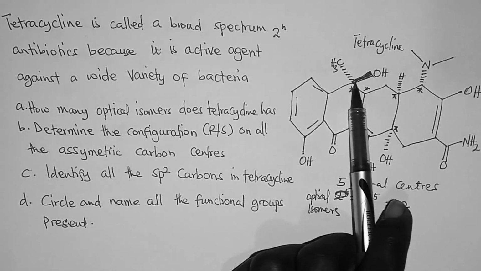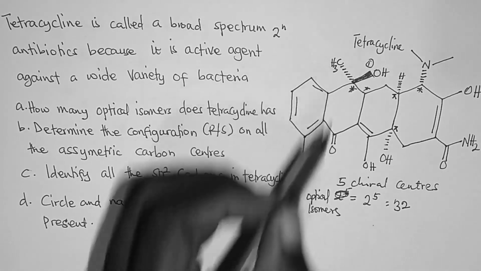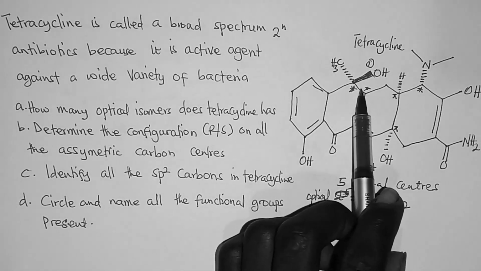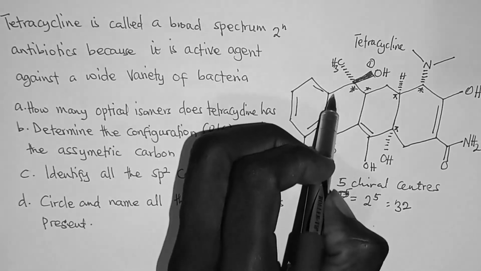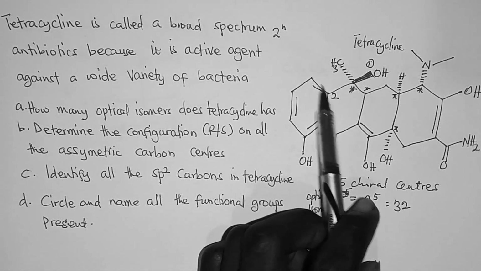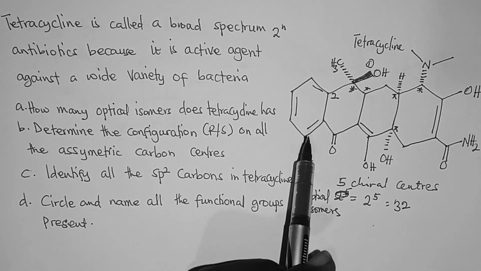So let's start with this carbon center. The OH is 1. Then this side is number 2, because this is a double bond. Precedence is given to a double bond over a single bond.